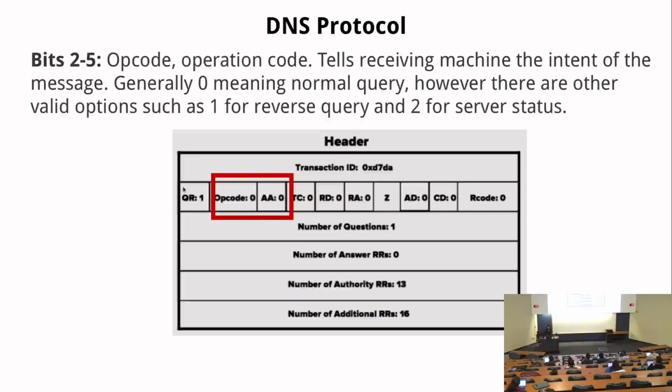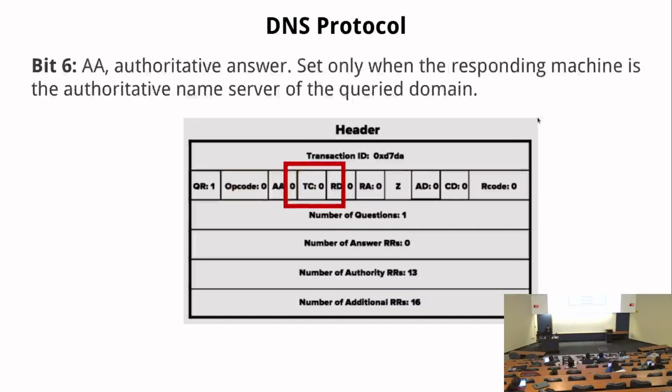Then the opcode field tells the receiving machine the intent of this message. 0 means normal query. There could be other options like reverse query, or server status, just to check the remote server's status. There is the authoritative answer bit. Set this only when the responding machine is the authoritative name server of the queried domain.